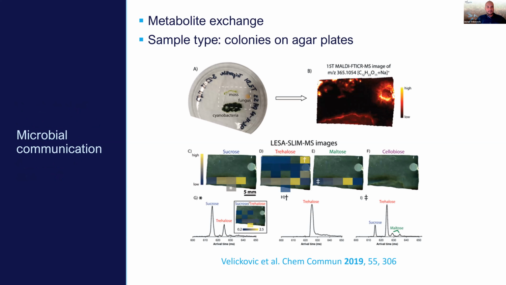Probably the most common samples that we analyze at EMSL are colonies grown on solid agar plates. By using mass spectrometry imaging, we can analyze microbial communication and metabolic exchange between colonies on the agar plates, as in this case, for example, communication between cyanobacteria, moss, and fungi.